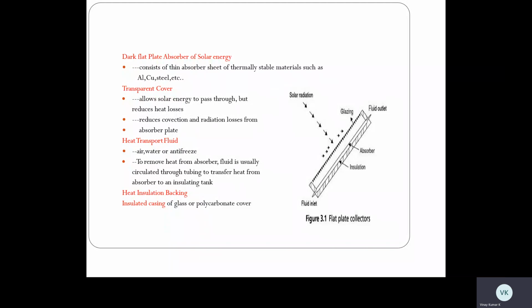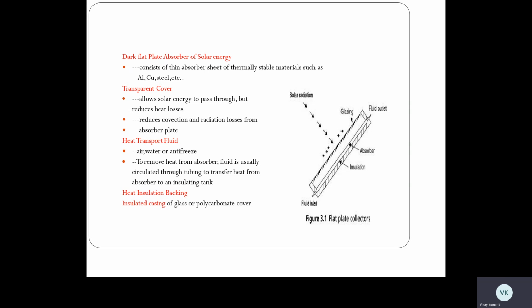The fluid is usually circulated to transfer heat from the absorber to an insulating tank. That is, to remove heat from the absorber. The main purpose of the fluid is to remove the heat from the absorber and circulate it through the tube-like structures, to transfer this heat from the absorber to an insulating tank.